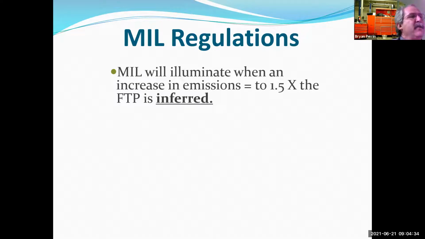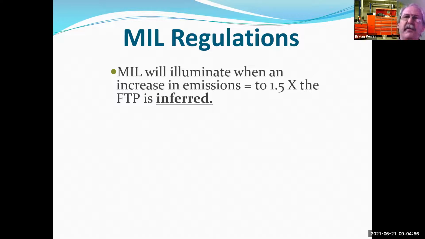So manufacturers get in a lot of trouble if, when they bring a car back in for EPA testing after the car's been on the road for a while, the vehicle fails the federal test procedure by more than 1.5 times, and the check engine light's not on.